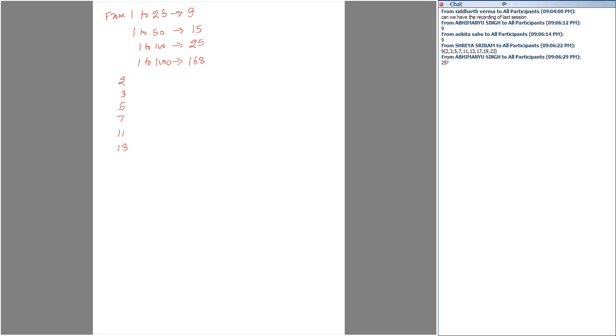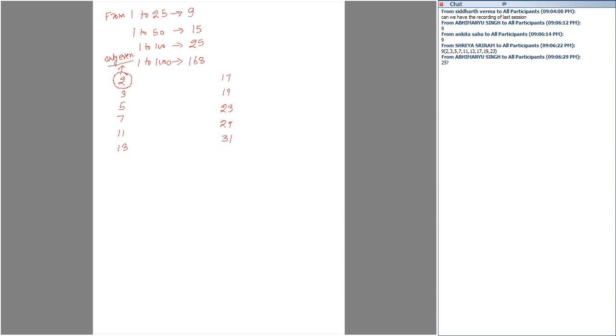Then 17, then 19, then 23, 29, 31, and so on. Now, the most important thing here is that 2 is the only even prime number. Except 2, all the prime numbers are always odd here. So you just need to keep that in your mind.